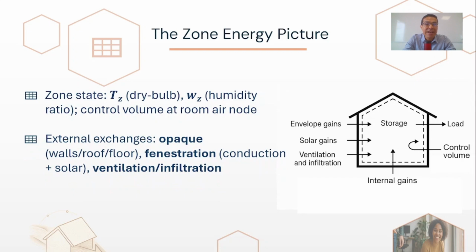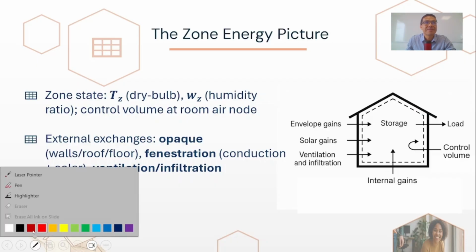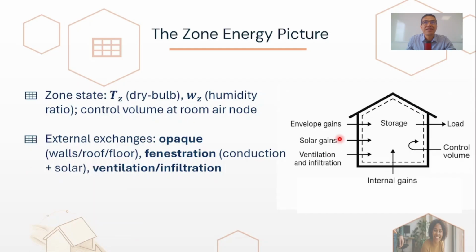External exchanges happen across the building's boundary, and we are going to point it here. So everything that goes through the system boundary, these dotted lines, is the control volume. These external exchanges can be heat flowing through the walls, solar energy coming through windows, or outdoor air moving in through ventilation.